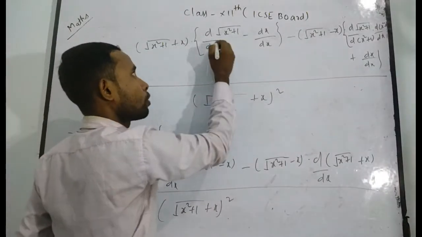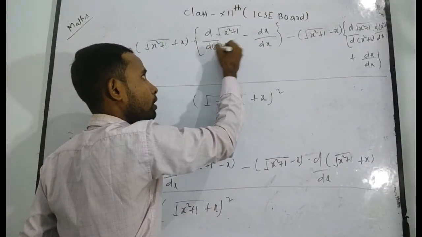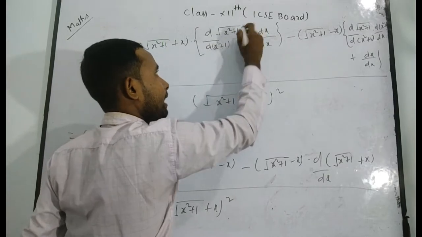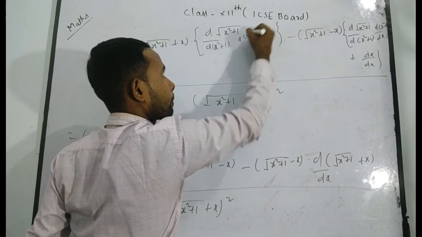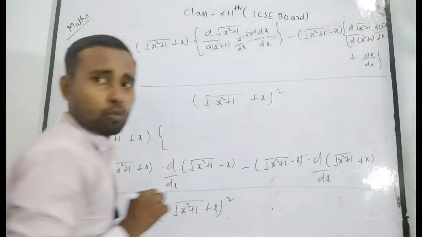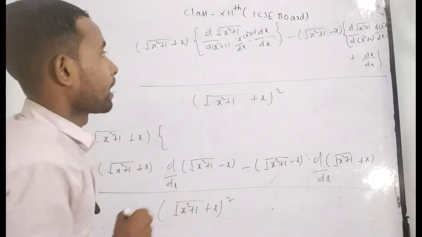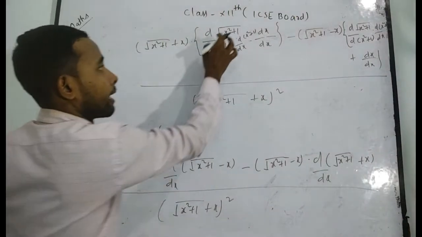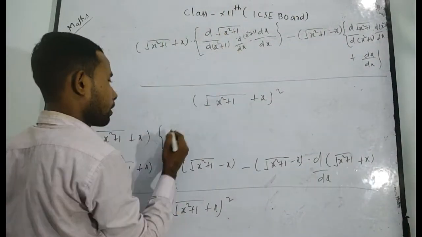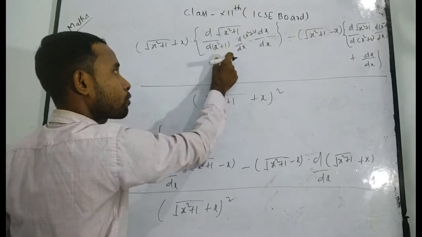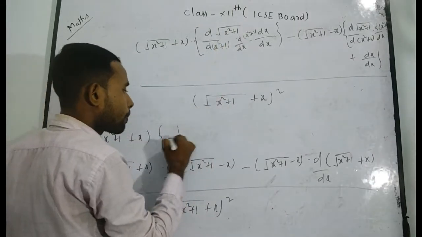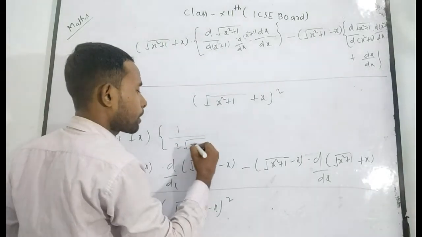So first I differentiate with respect to x square plus 1, and then fortunately you have to differentiate x square plus 1 with respect to x. Due to space I have written it in inclined form. Now the derivative of root under x square plus 1 with respect to x square plus 1 will be 1 upon 2 root under x square plus 1.